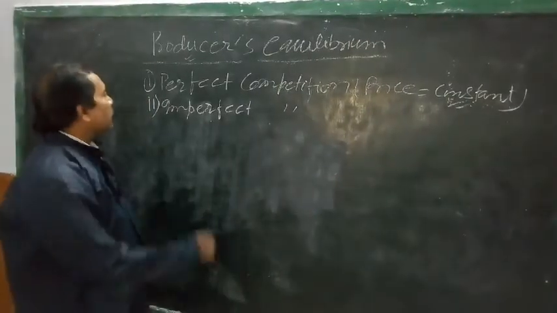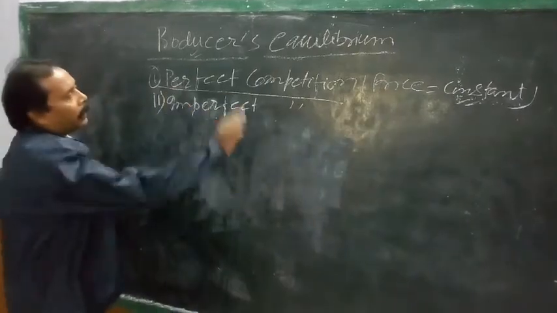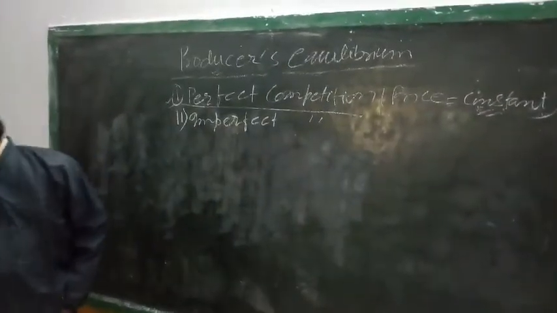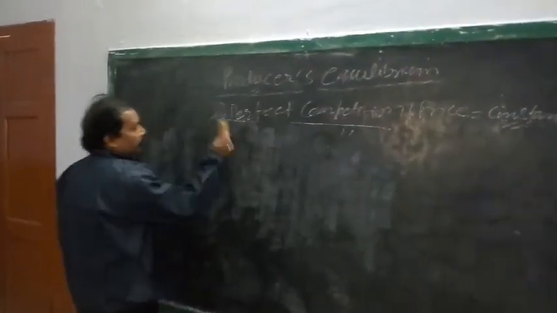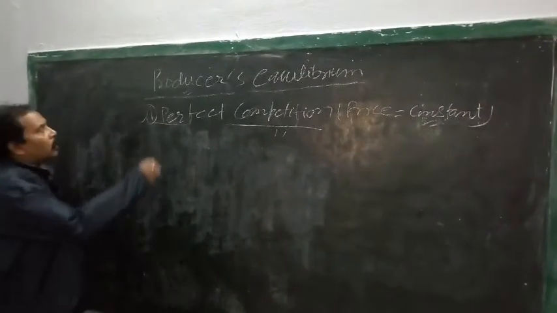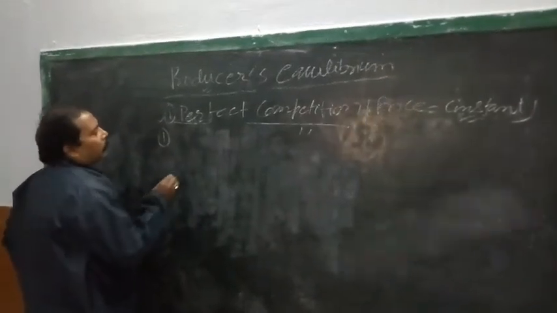Is it clear? First of all, I am going to discuss the producer's equilibrium in case of perfect competition. For the producer's equilibrium, there are two conditions.